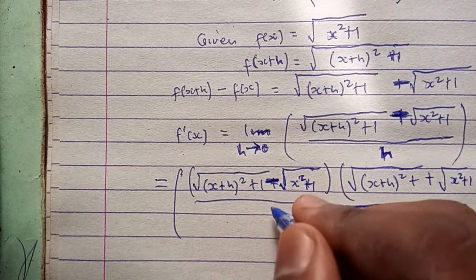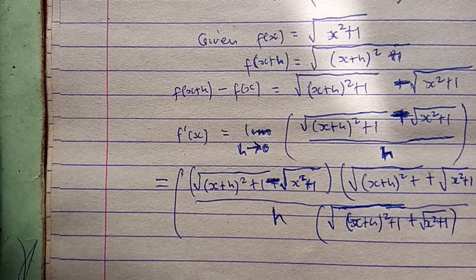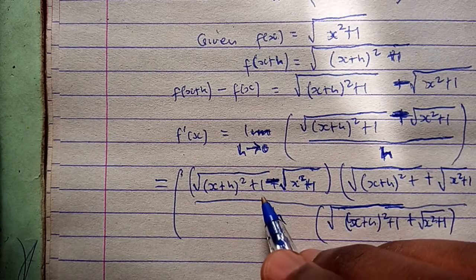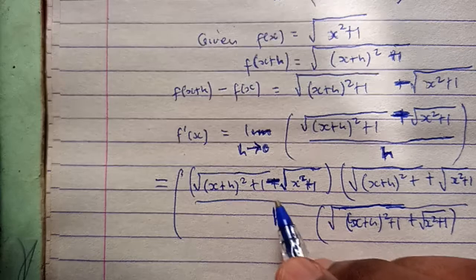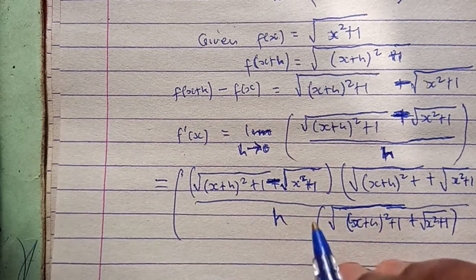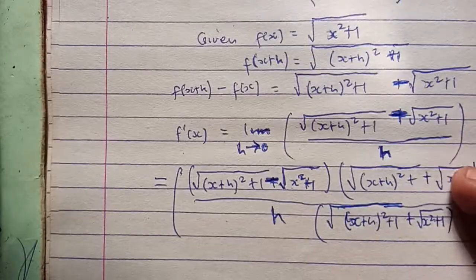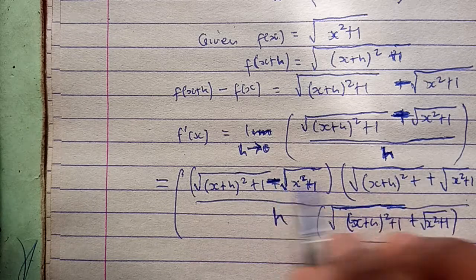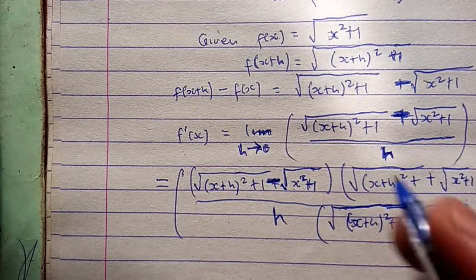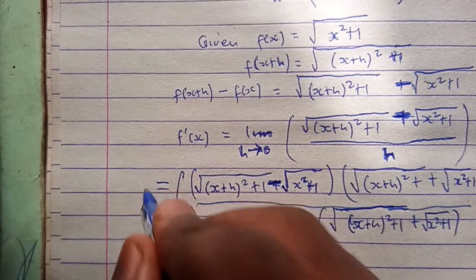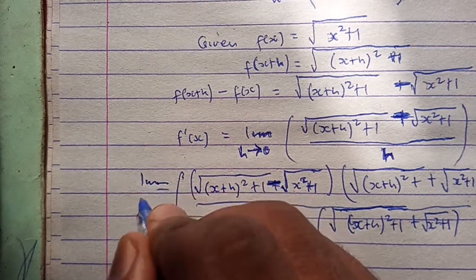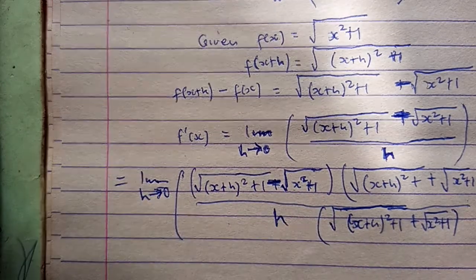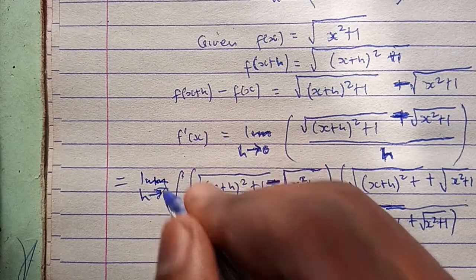So now, moving forward, realize that multiplying any radical expression by its conjugate will give you something like a difference of two squares expression. So looking at this, we realize that it is a difference of two squares, but you always have to remember to bring the lim as h approaches 0. So guys, that is what we do.